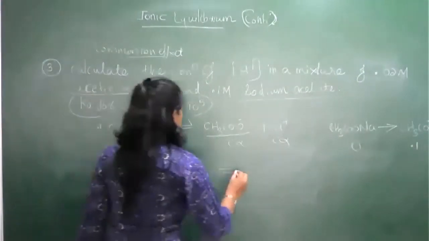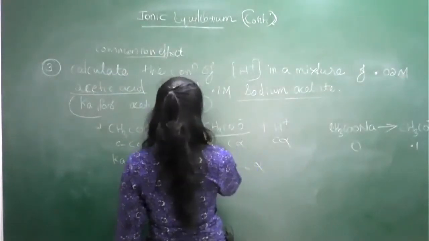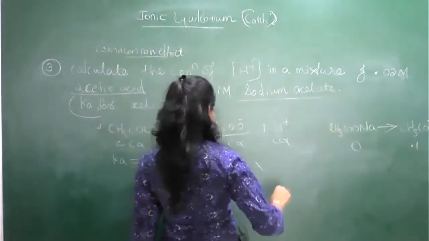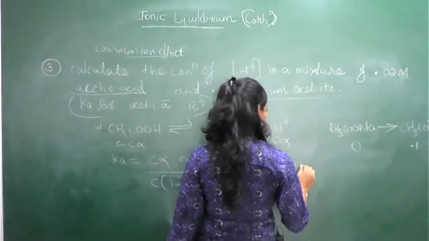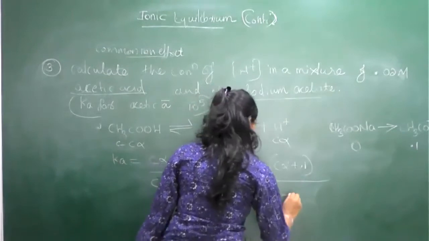So what about the result here? For H plus ion you write C alpha. Acetate ion is also there, so C alpha in bracket, C alpha plus 0.1, whole divided by C into 1 minus alpha.